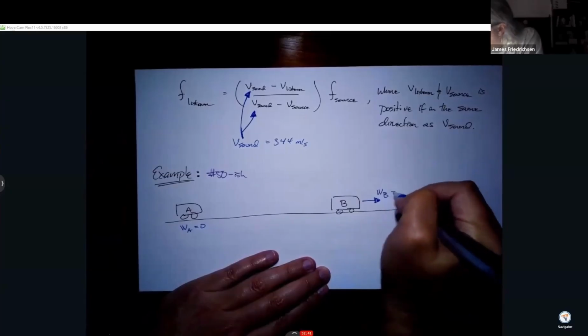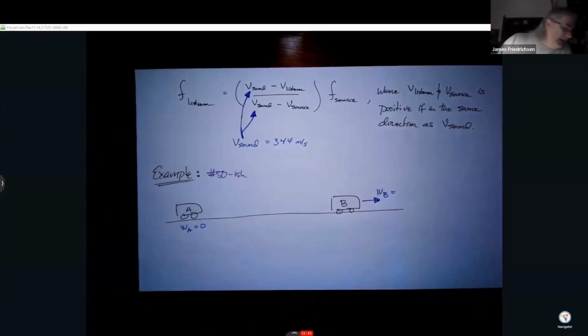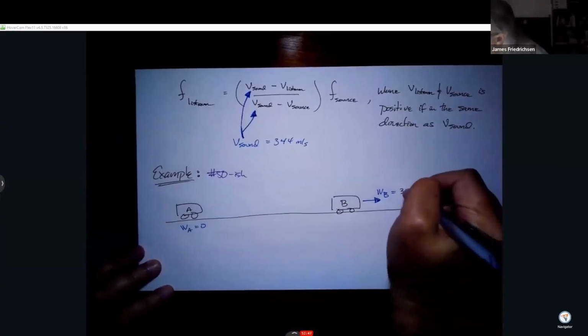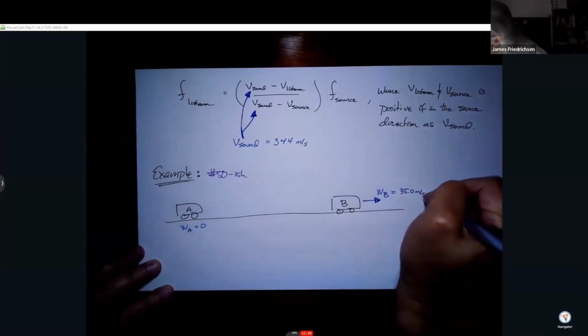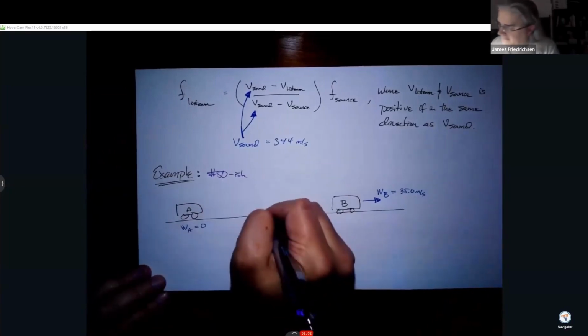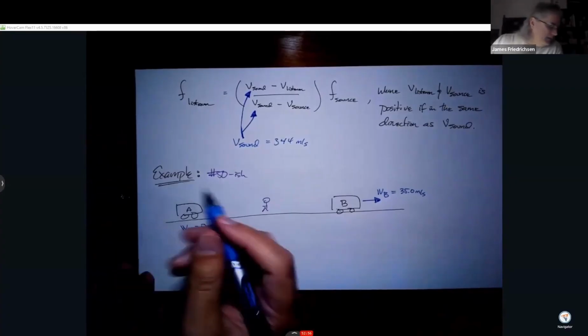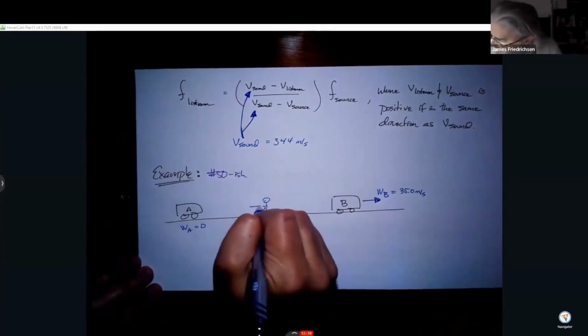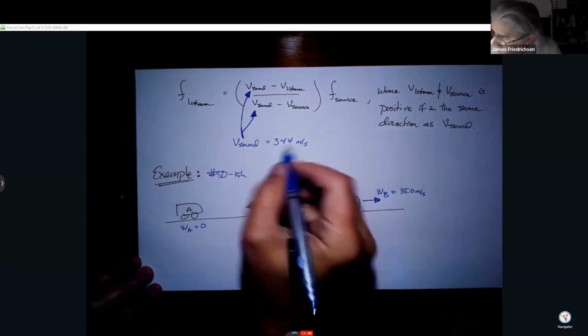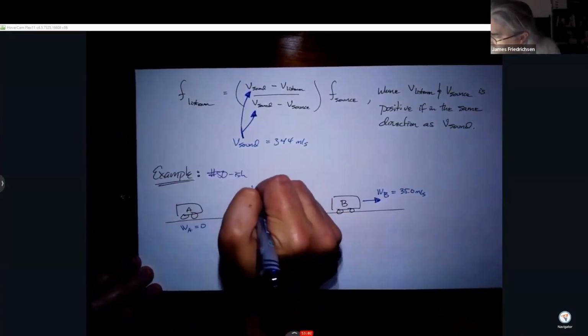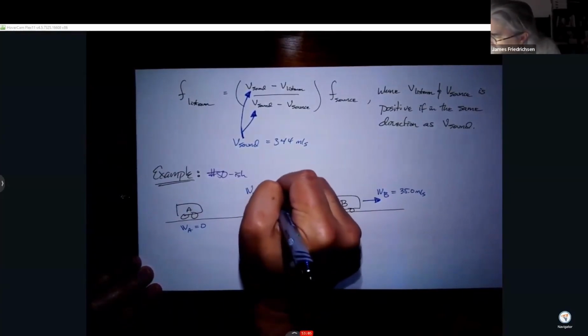And then B is going to head to the right at 35 meters per second. And then I'm going to have my little listener. That's the person. And they're going to go left at 15. We'll do L for listener.